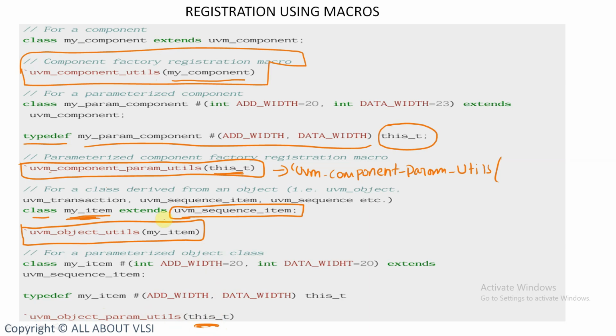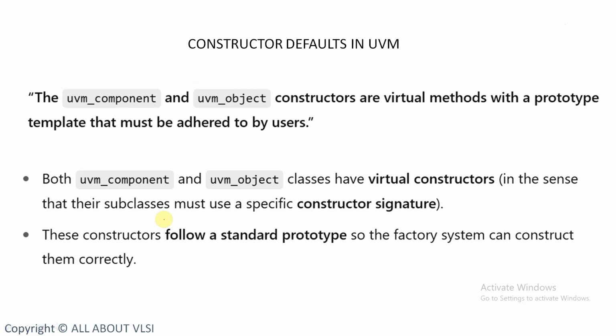with the factory. Now, after registering your components or objects with the factory, you have to create the instances of these classes. In SystemVerilog, we create the instances of these classes using the new method. Yes or no? Yes. But basically, the UVM component and object constructors are virtual methods.